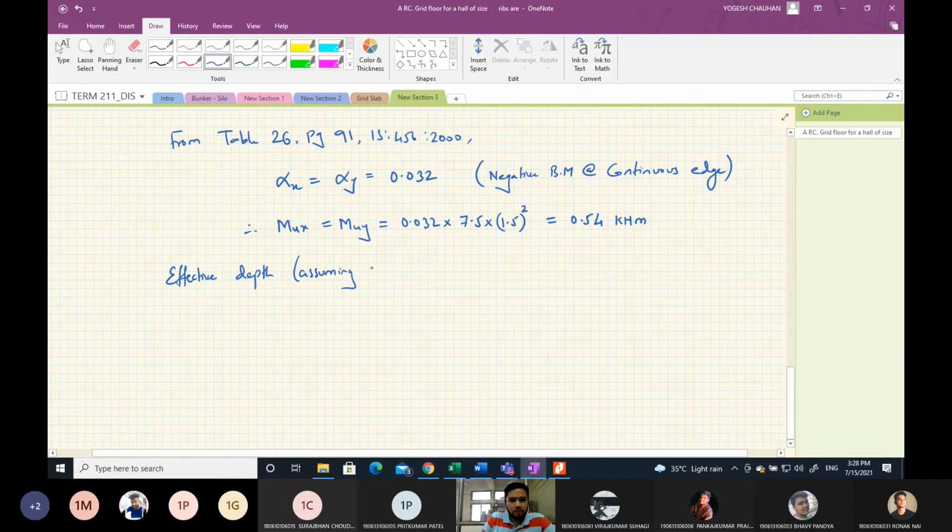Assuming 8 mm bar diameter, it will be 80 by 2, which is our total thickness of the topping slab, minus 8 by 2, that will be 36 mm.